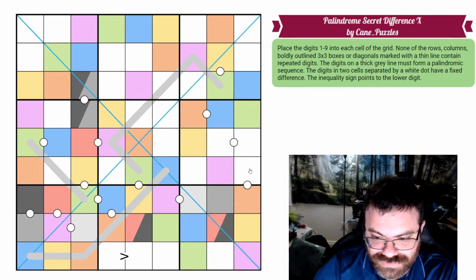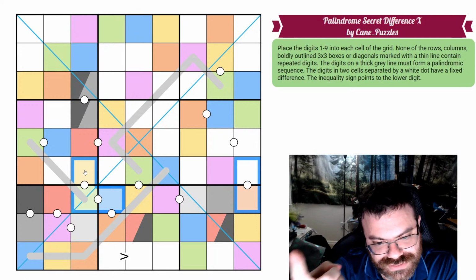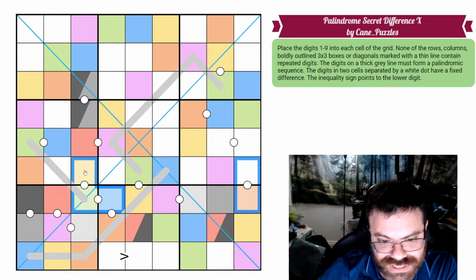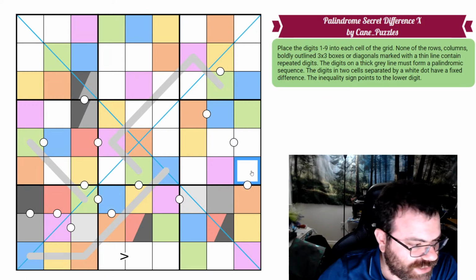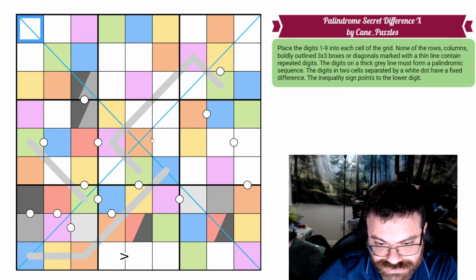So I have a chain of 1, 2, 3, 4, 5. So I could do 1, 3, 5, 7, 9 if I wanted to. But depending on what this color is, it probably connects to something else. I don't see why this would have to be red.